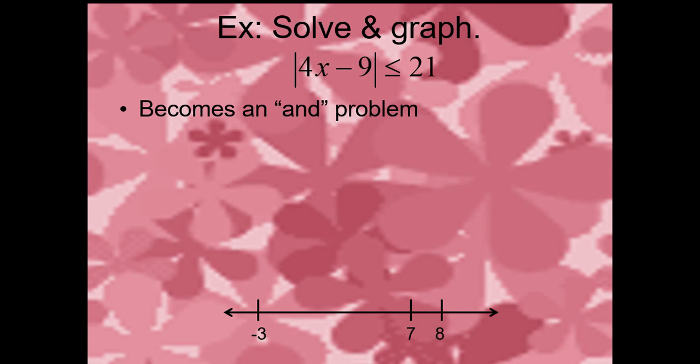Then when I want to plot the points here on the number line, minus 3 is here. Bigger, so I'm on this side, and 30 over 4 is somewhere here. I'm on this side, so I'm working in between.